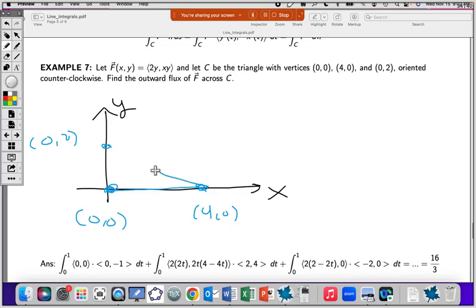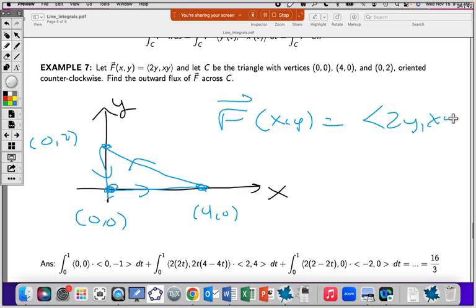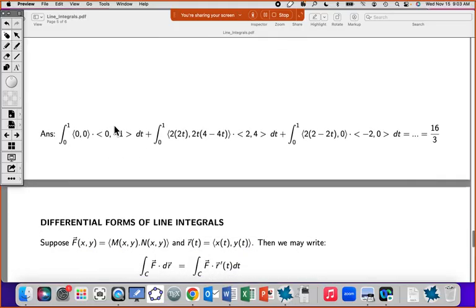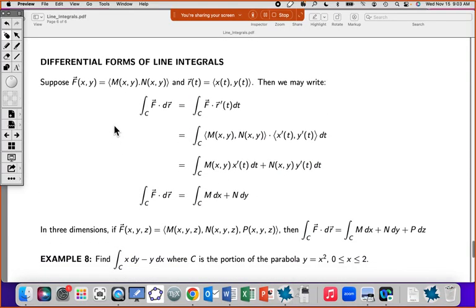It's oriented counterclockwise, so it'll look like this, and we've got our field. Tomorrow we're going to figure out the total outward flux across this triangle. We'll be breaking it up into three parts, a flux for each side, and then we'll talk about the differential forms of the line integral.